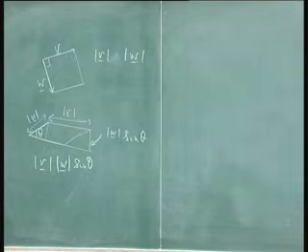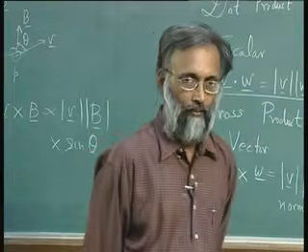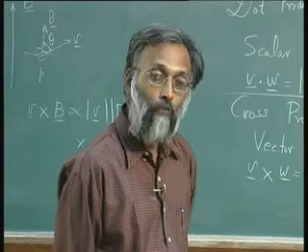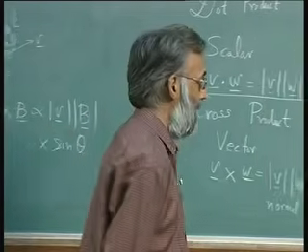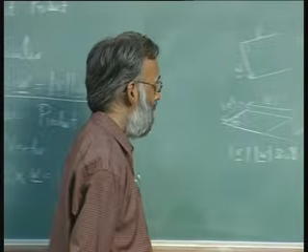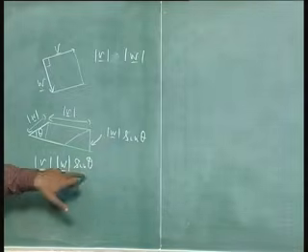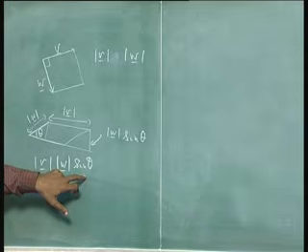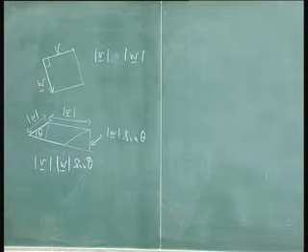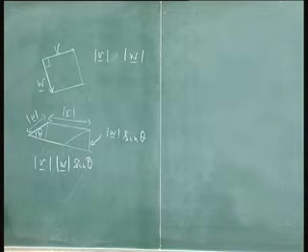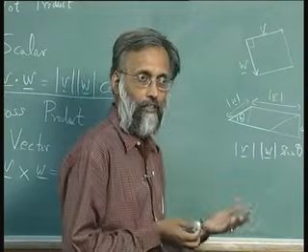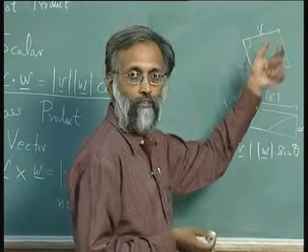So, the cross product is actually very closely related to finding the area of rectangular objects. When you have two vectors which are not at 90 degrees with each other, the area is this, and when you try to give a direction to an area, the only natural direction to give is out of the page.